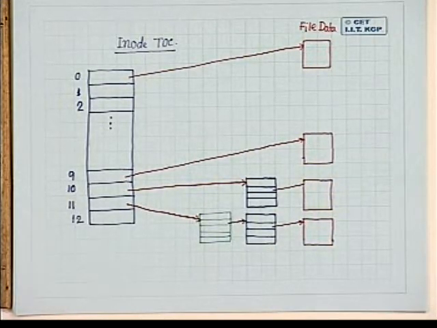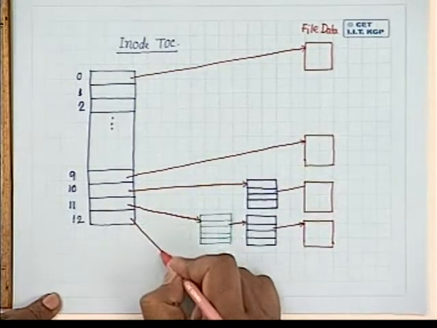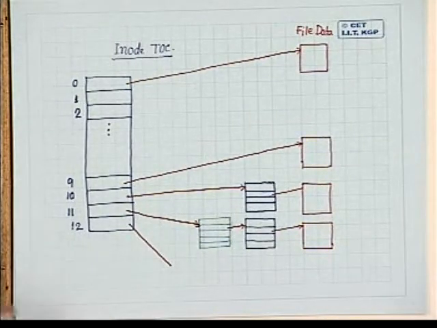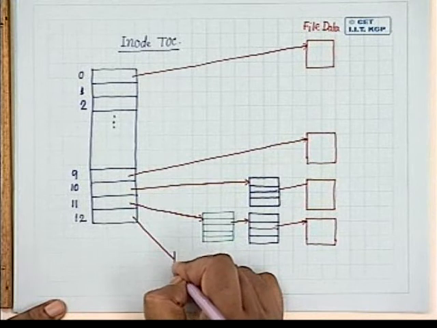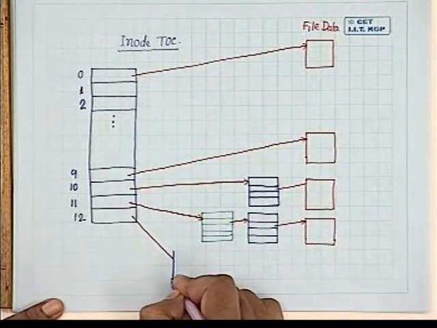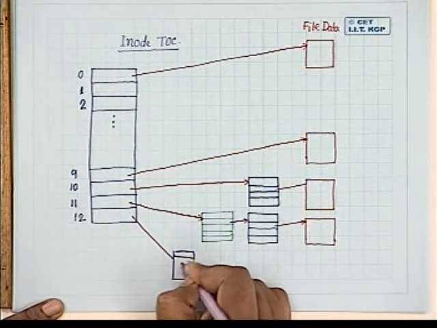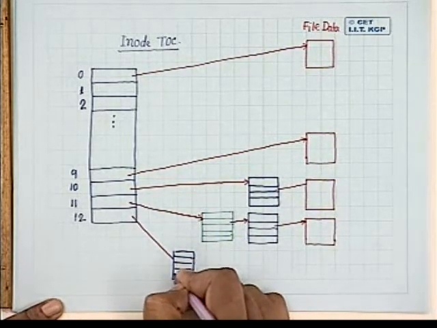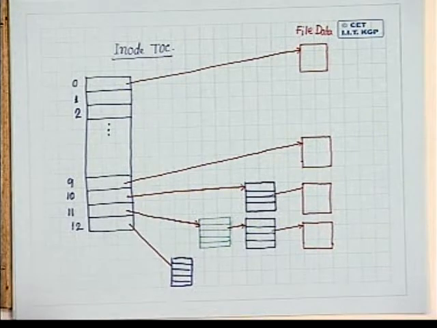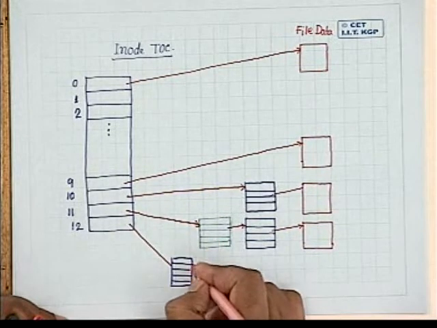Okay. Similarly, in case of triple indirect, this contains the address of a block that contains a set of pointers. Each of them points to a block which again contains a set of pointers.